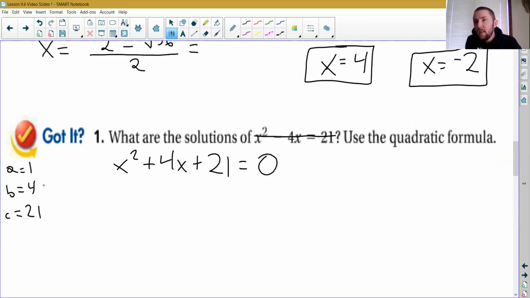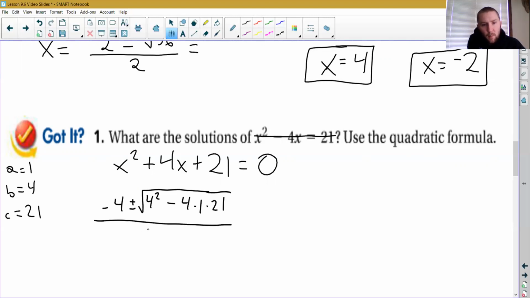And I'm going to plug this into the quadratic formula, and you're going to see something a little bit interesting happen here. If I plug this in, I get negative 4 plus or minus the square root of 4 squared minus 4 times 1 times 21, and then that's all going to get divided by 2 times 1. So most of this is pretty straightforward. The bottom, of course, is 2.